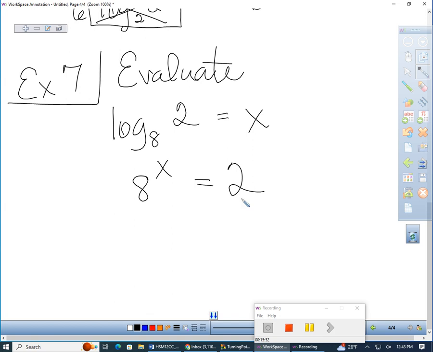Now we can make 8 into a base of 2, right? 8 is actually 2 to the third power, times the x that's already there, equals 2. Now that the bases are the same, we call this a one-to-one function. So then I can set 3x equal to the exponent on this 2, which is 1. So then x equals 1/3, exactly.